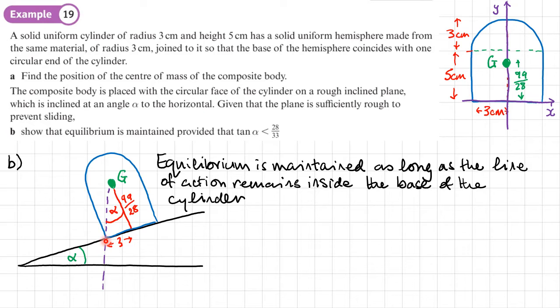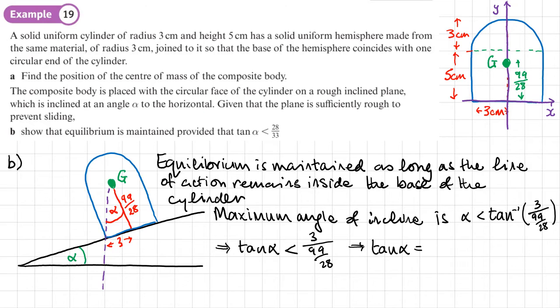So I want this angle alpha to be smaller than a certain amount. Now I could actually work out what this angle is. This would be the maximum angle that it can be. So the maximum angle is going to be the opposite 3 over 99 over 28, if we're using tan. So alpha needs to be less than this maximum angle, which would be the tan inverse of the opposite 3 over 99 over 28.